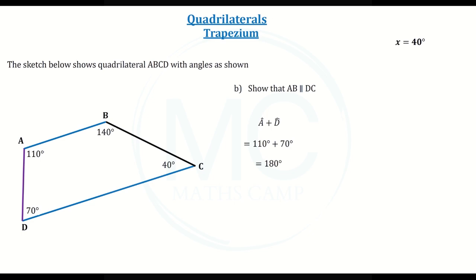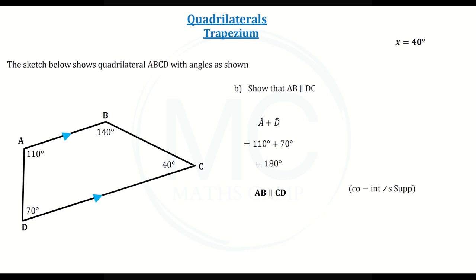These co-interior angles are supplementary, which means that AB is parallel to CD. And as our reason, we say co-interior angles are supplementary. Now let's make our diagram black again, and we can put an arrow on AB and an arrow on CD to show that these sides are parallel.